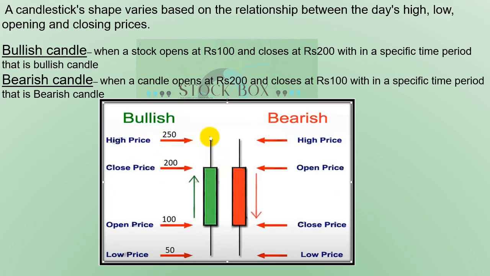Whereas on the bearish candle, the day's opening is at rupees 200, it goes up to 250, comes back down to 50 rupees and closes at rupees 100, which represents a bearish candle. And here the bullish candle represents the buyers are in control and the bearish candle represents the sellers are in complete control in that specific time period.